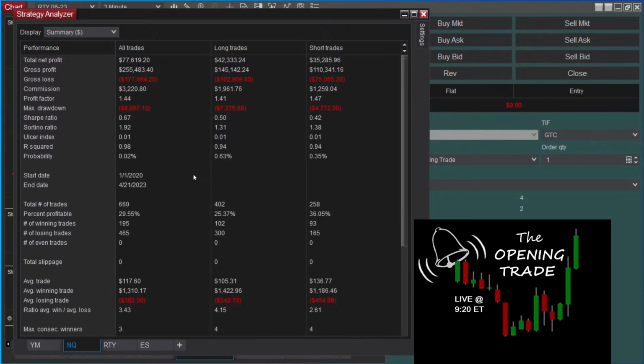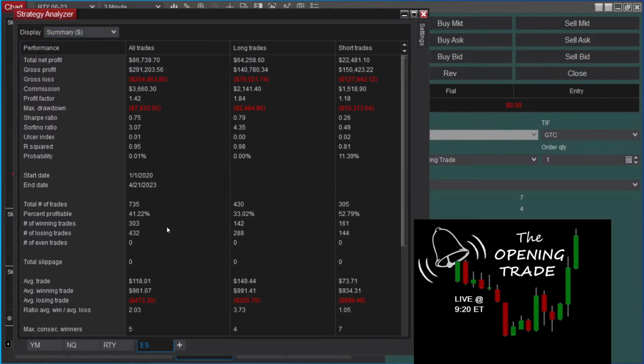So let's look at the NASDAQ. Here's the start and end date, the max drawdown, the gross loss, and the total net profit there. And then for the S&P 500, here it is the start and end date, the max drawdown, the gross loss, and the total net profit there.